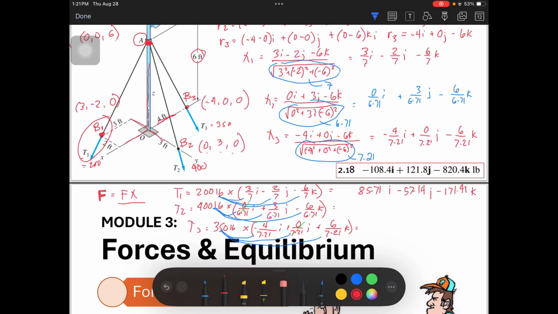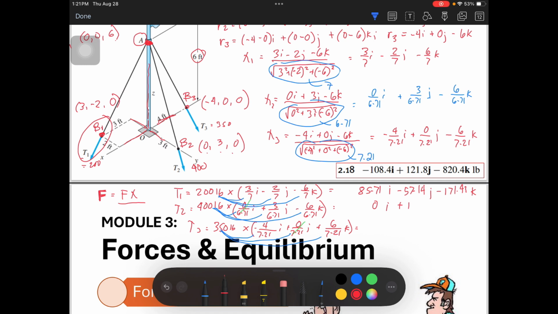Next, for T2, 0 yung kanyang I. So, 0 I. Then, 400 times positive 6 over 6.71. So, positive yan. 400 times, ayun, 3 over 6.71.